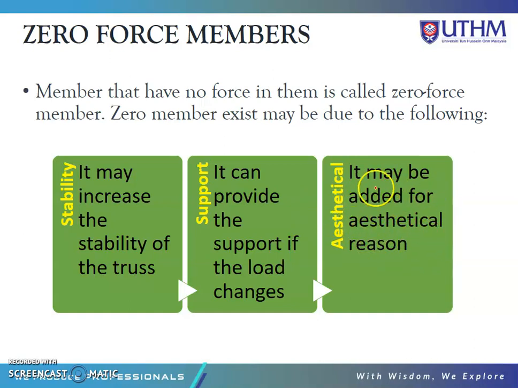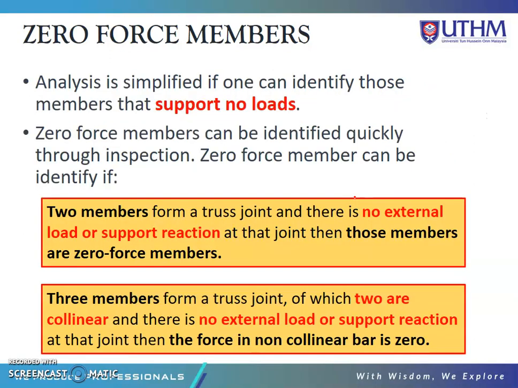Aesthetical ni maksudnya dari segi cantik, nak bagi nampak cantik, so they add that member even though it will act as a zero force member. So zero force members exist because of these three points: the first is stability, the second is that it will act as a support if the load changes, and the third is for aesthetics.